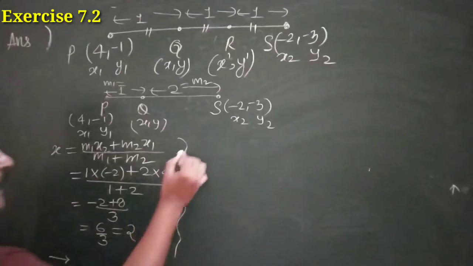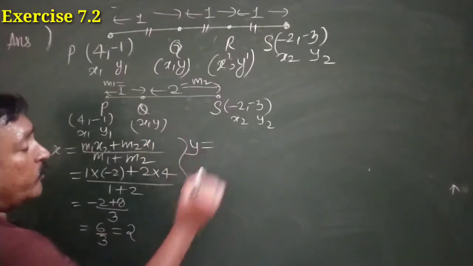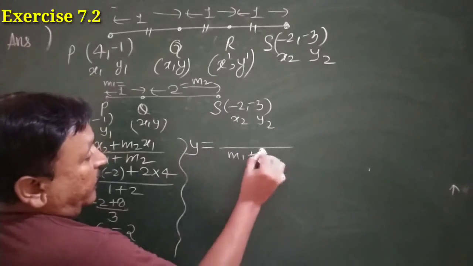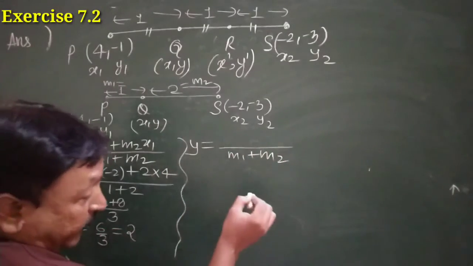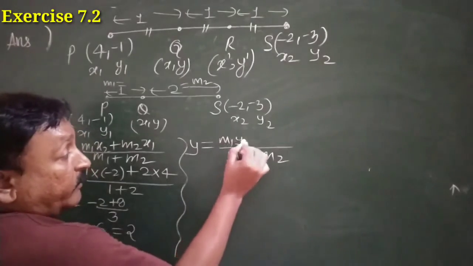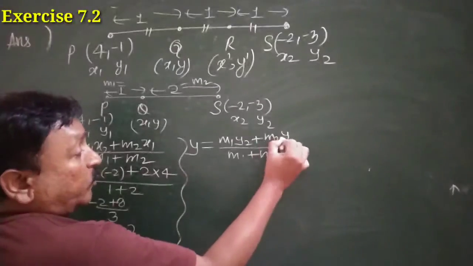In the same way I can find the coordinate y. First of all we have to write the formula. In the denominator m1 plus m2, and in the numerator m1 y2 plus m2 y1.